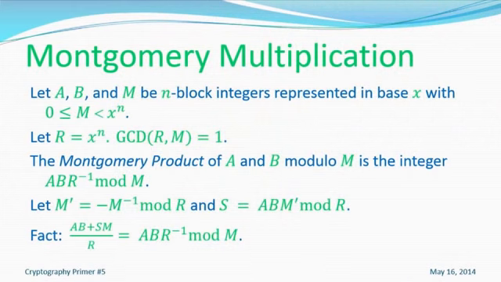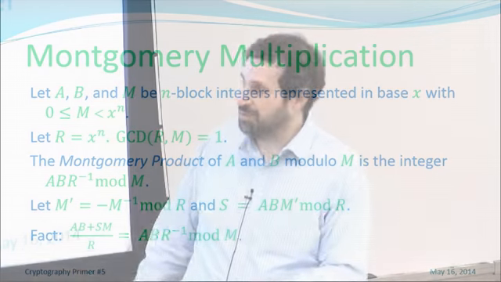OK? So let me show you basically how this is done. I'm not going to go into any detail, I promise, because it looks ugly. It looks hard. Now, you can verify all of this if you want. But the basic idea is we get some value R, which is just 1 and a bunch of zeros.